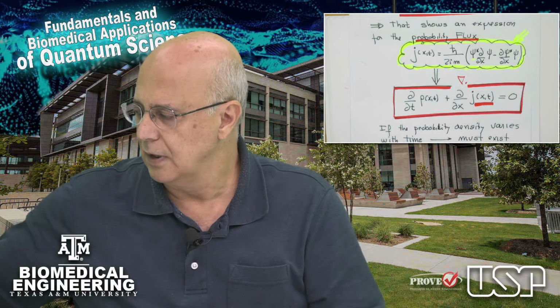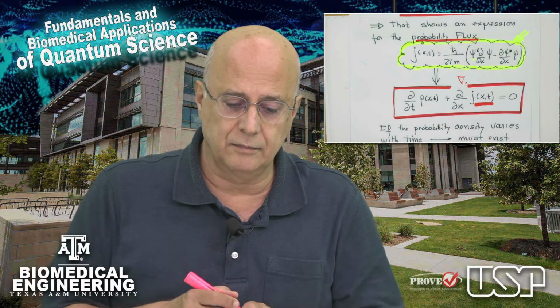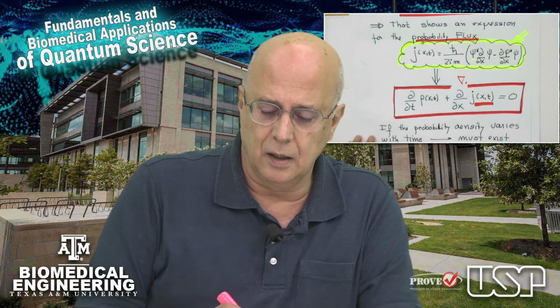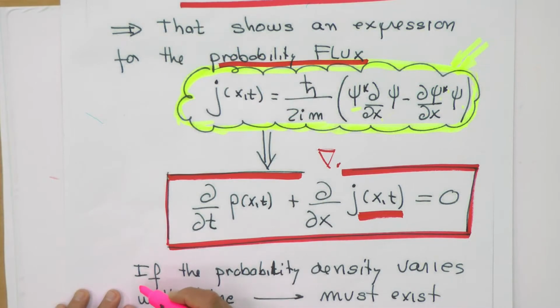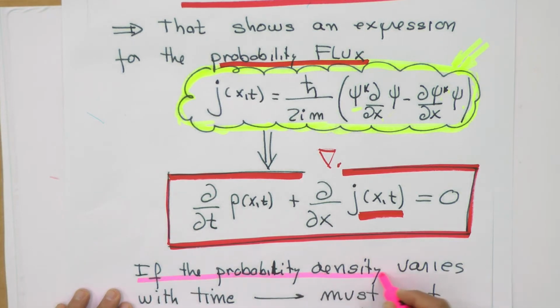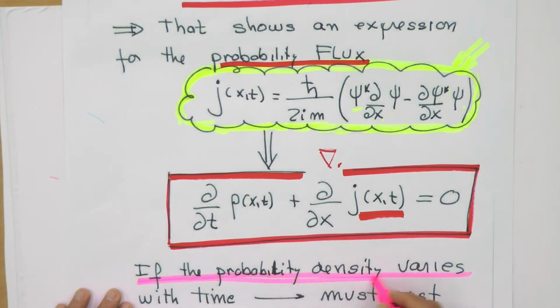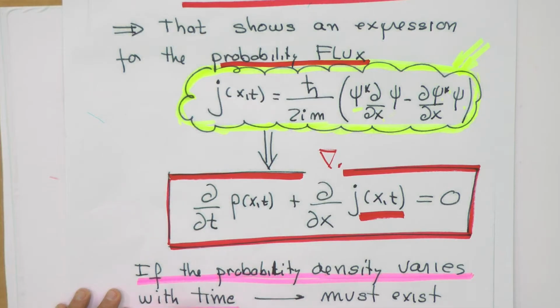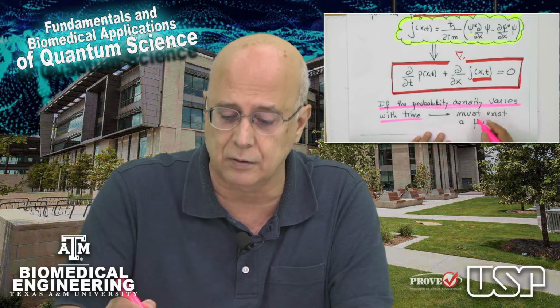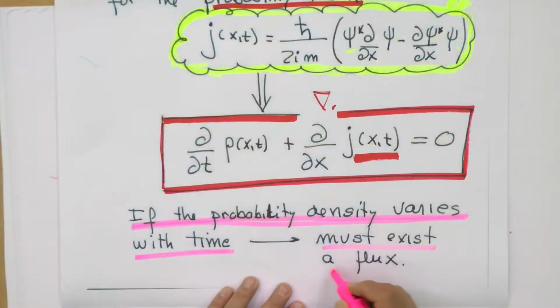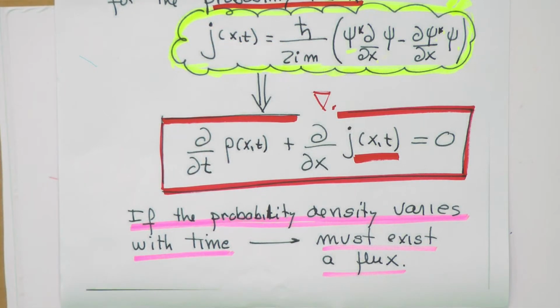And this is important because if probability density varies with time, and we're going to see many examples now and after when we put in a time-dependent potential, like light and everything to excite molecules, there must exist a flux going somewhere.